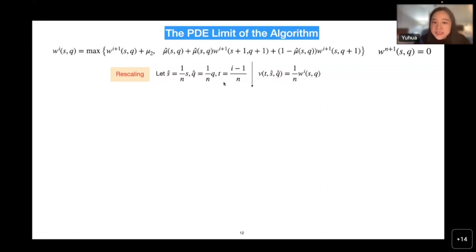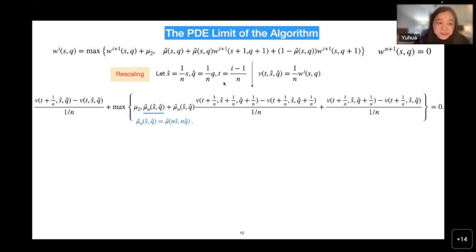Okay, so after this rescaling, we end up with an update rule for this rescaled optimal value function. Here I did nothing, just rewrote this formula in another form with respect to the new rescaled parameters.